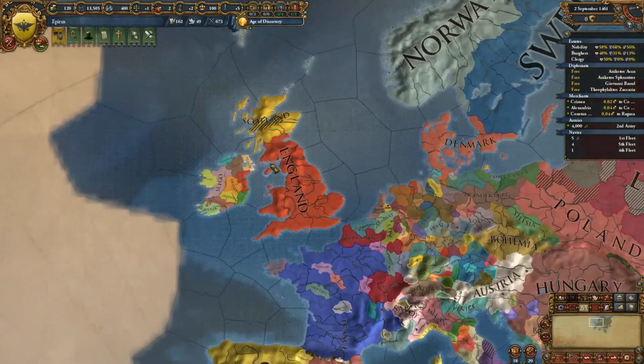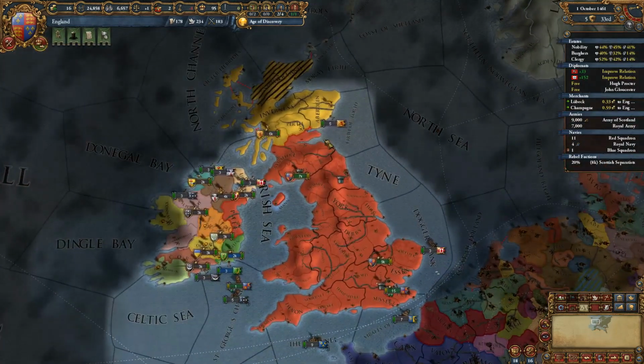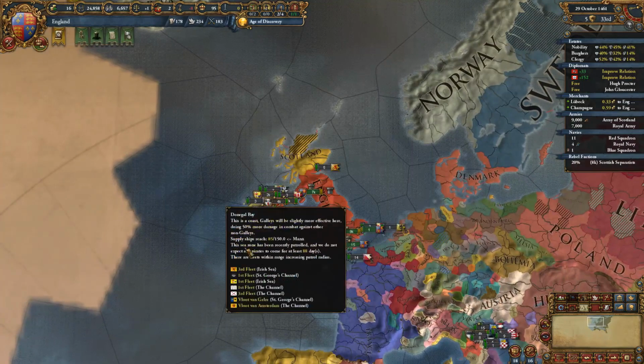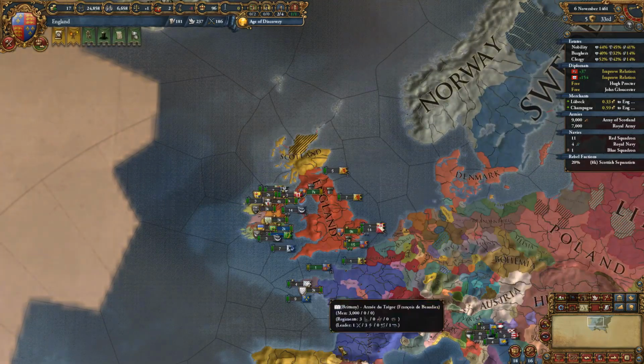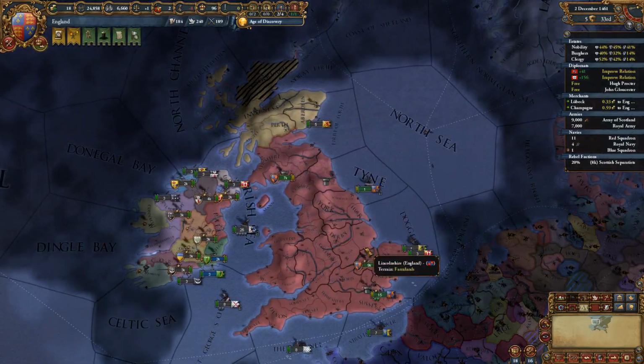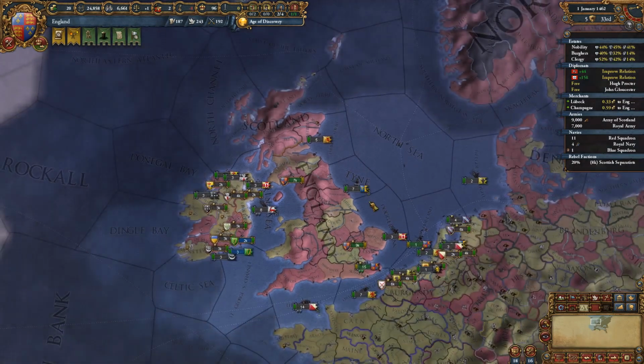So a very good strategy could be the kind of historical Great Britain strategy. I'm absolutely joking here. But yeah, the strategy of just sitting on your island, not getting involved in any continental wars you don't necessarily have to get involved in, and just waiting for your population to grow big and strong.